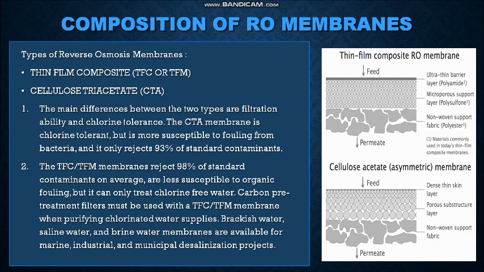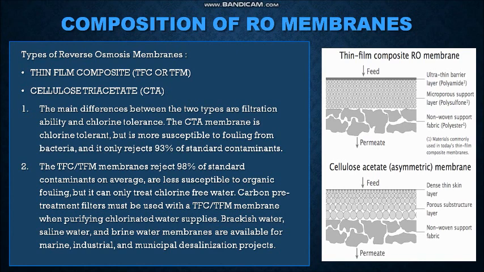If we see the diagram on the right-hand side, there is a clear difference in their layers. When the feed enters, in thin film composite there is an ultra thin barrier layer of polyamide and then the microporous substructure of polysulfone, while in cellulose acetate there is a dense thin layer and a porous substructure layer.